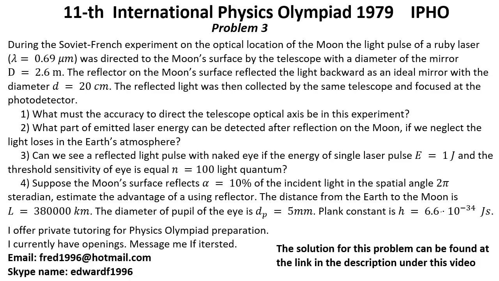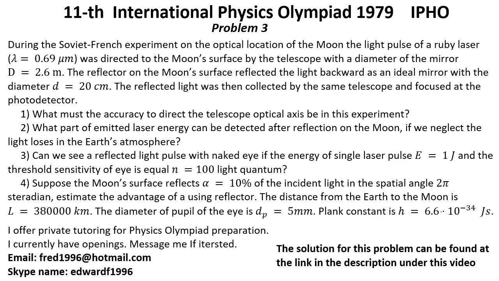Problem number 3. During the Soviet-French experiment on the optical location of the Moon, the light pulse of a ruby laser, lambda equal 0.69 micrometer, was directed to the Moon's surface by the telescope with the diameter of the mirror D equal 2.6 meters.